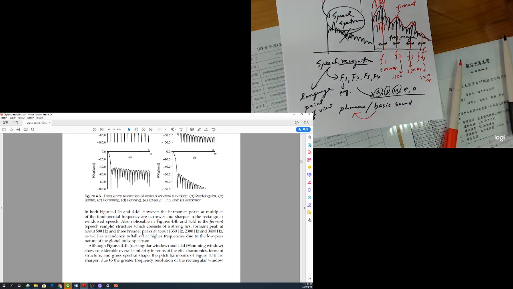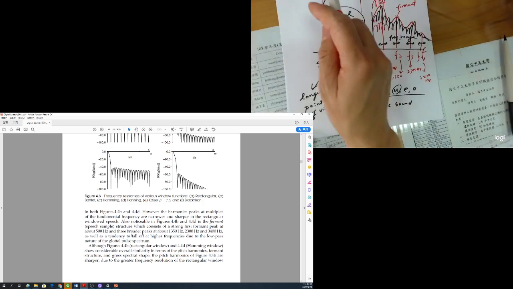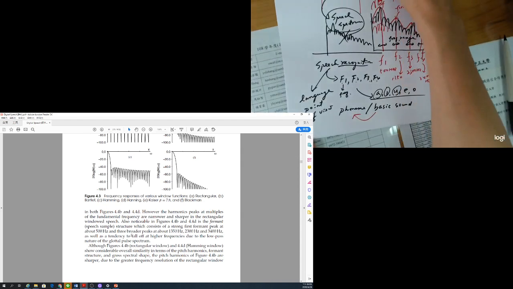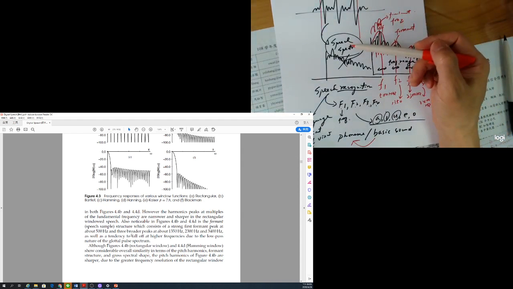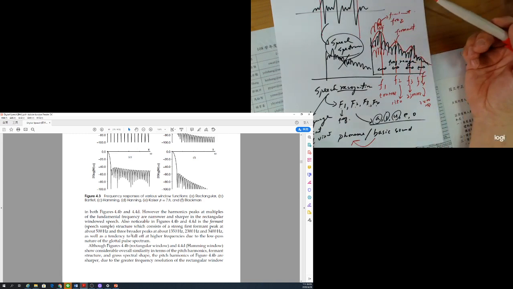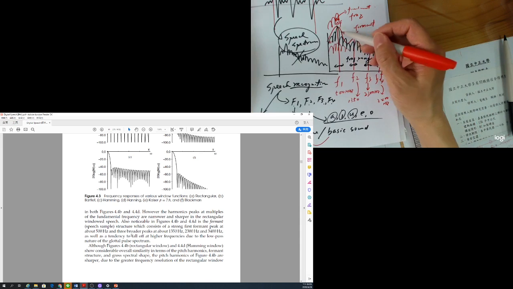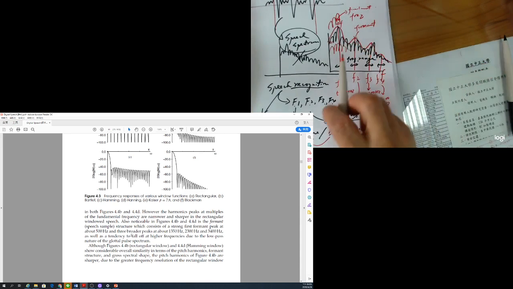Why are we talking about the phoneme? First, you have to understand pitch related to the frequency domain. Pitch is in the time domain, and in the frequency domain we call it the fundamental frequency. Based on your frequency domain, we have your envelope. We can come out with your envelope shape.